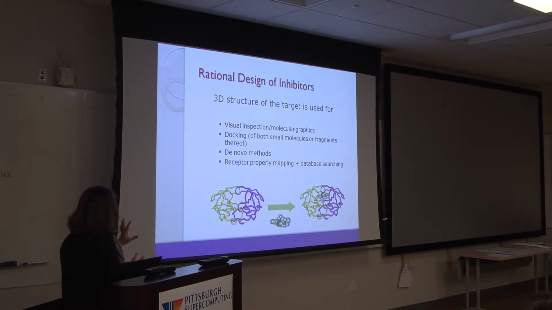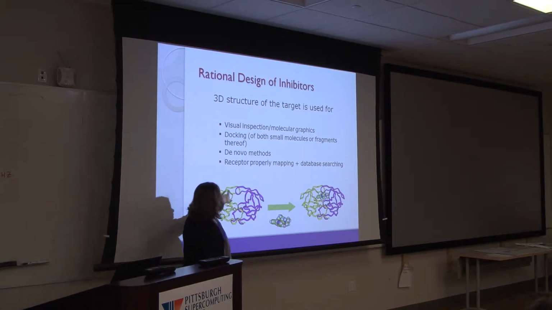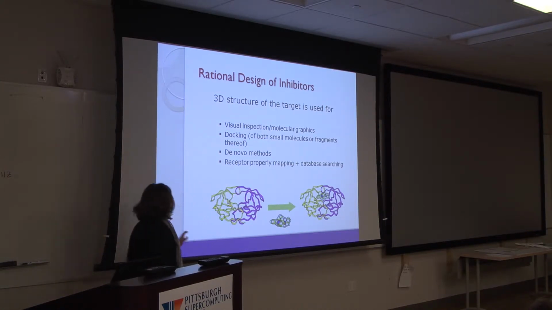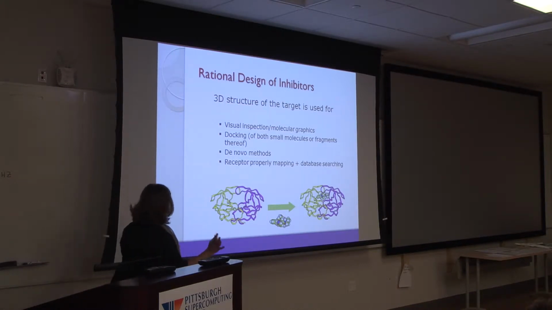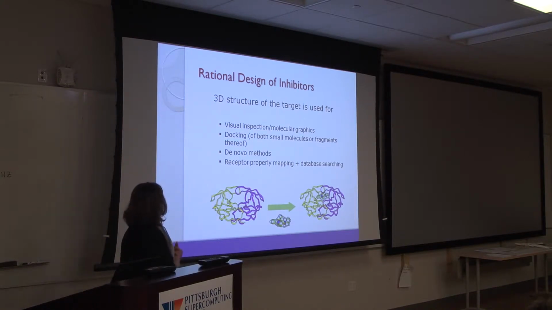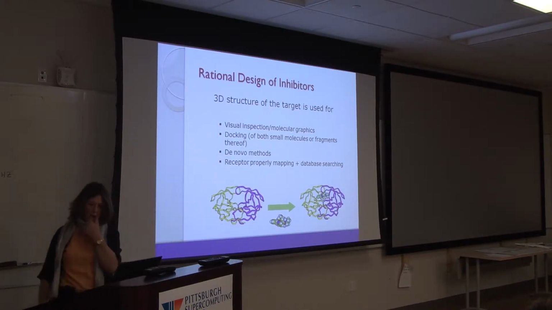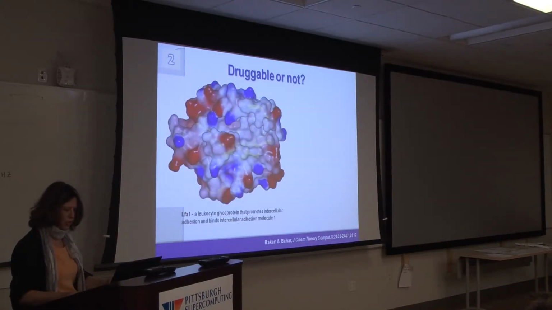You need to have some kind of intuition and start with some possible reasonable places for docking. But also you can do docking from scratch. There is a software called AutoDock where you don't know anything and you just search all the surface. However, again, flexibility is extremely important. And this is an example of rational design.